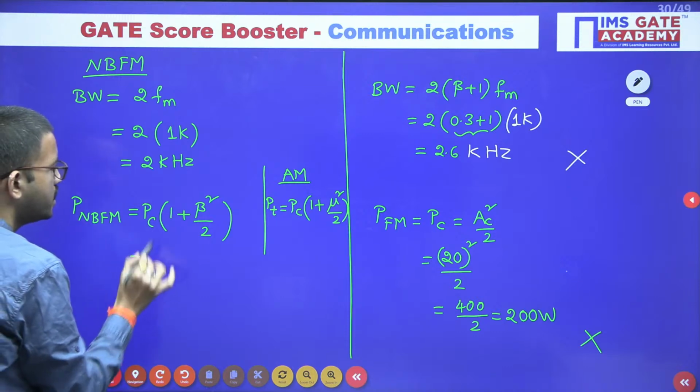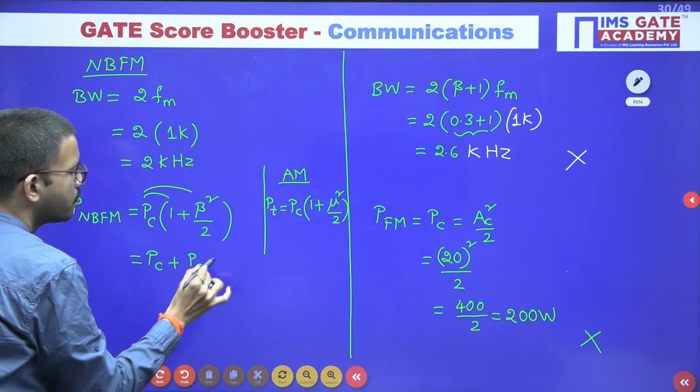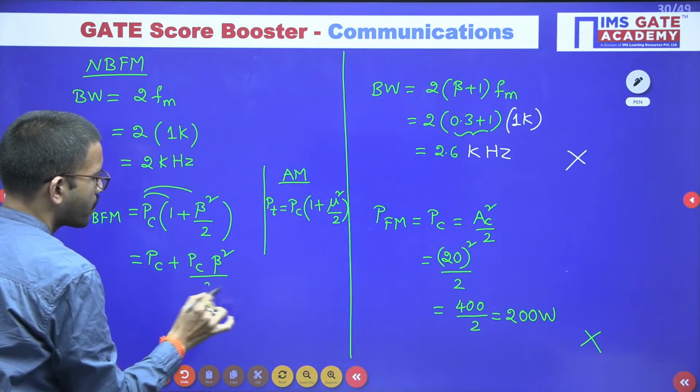Here you can split into two terms: Pc plus Pc into beta square by 2.